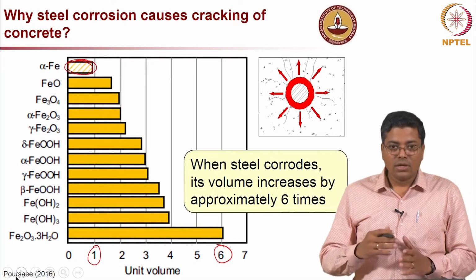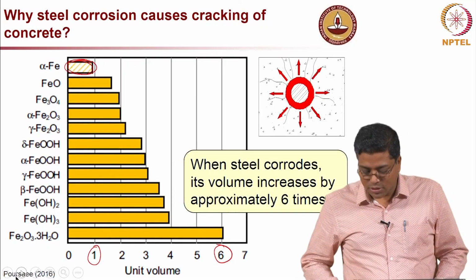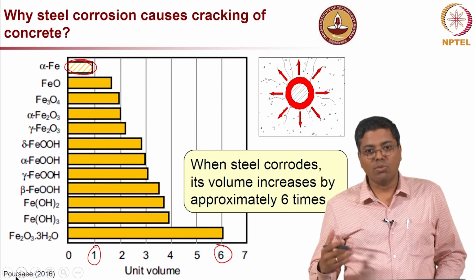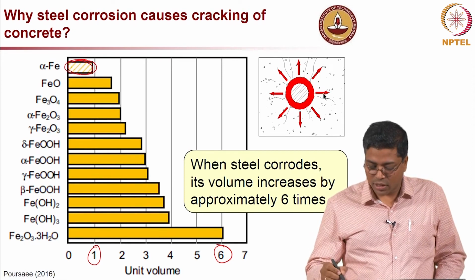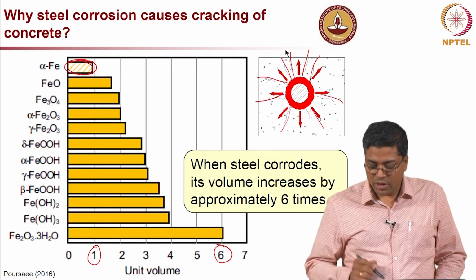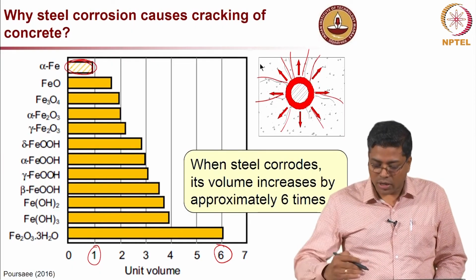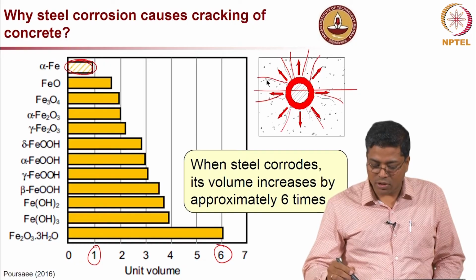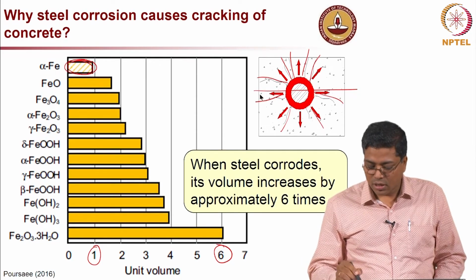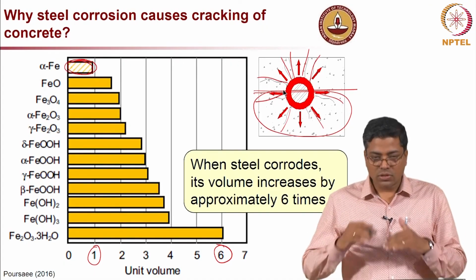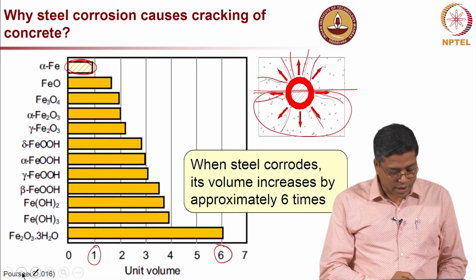Once the stress applied is more than the tensile strength of the concrete, it will tend to crack. So, you can see cracks radiating outward from the steel. If you have a cover concrete, the crack may happen only on this side, and it may not crack inside because you have much more concrete inside. So, the cover region will start cracking faster.